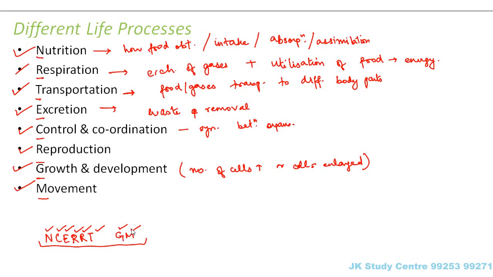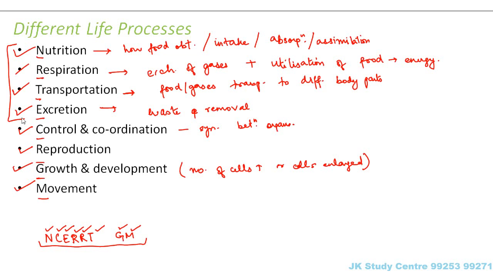Now our agenda in this lesson is to talk about some of the basic life processes. In this lesson we will restrict our study to the first four life processes, that is nutrition, respiration, transportation, and excretion. However, we will talk about all these life processes in our class 10th syllabus.